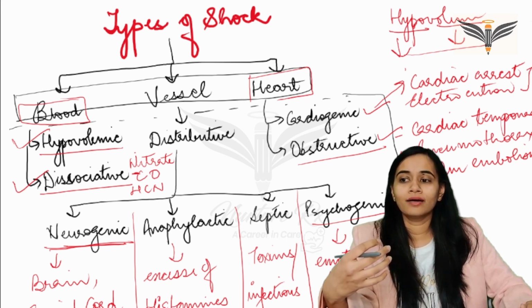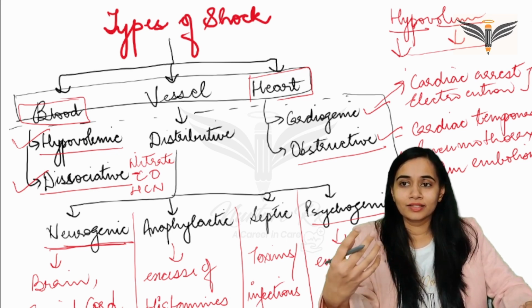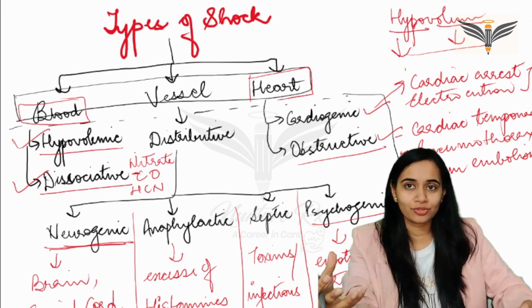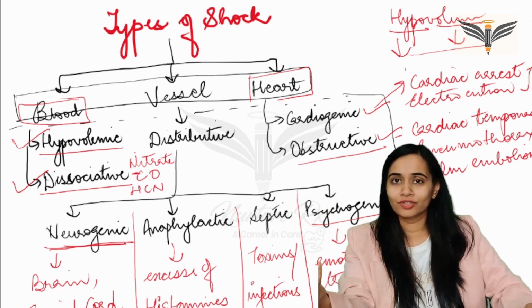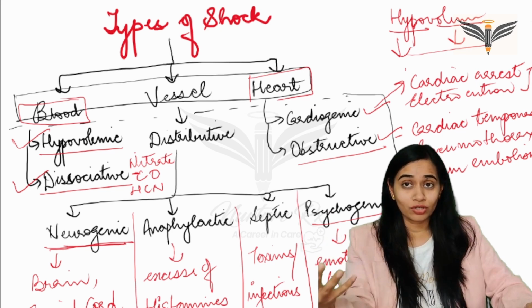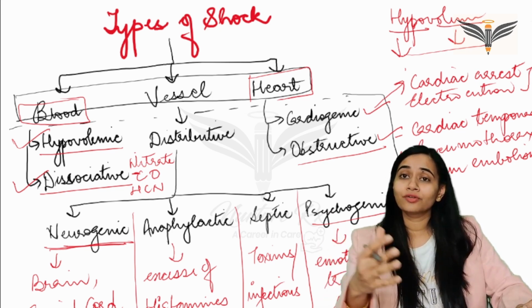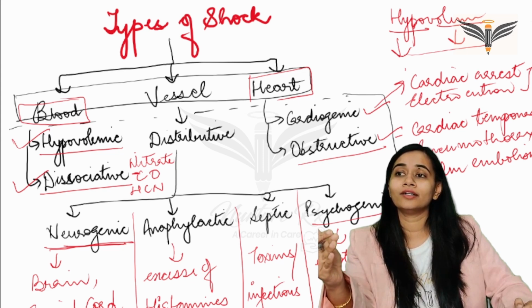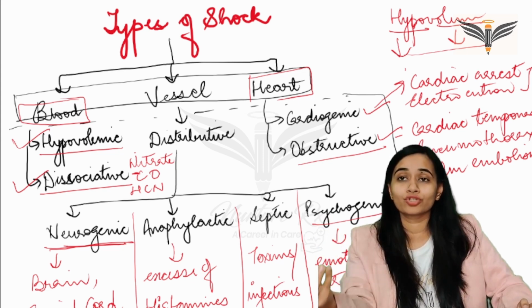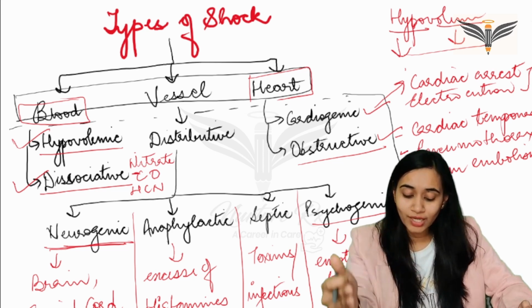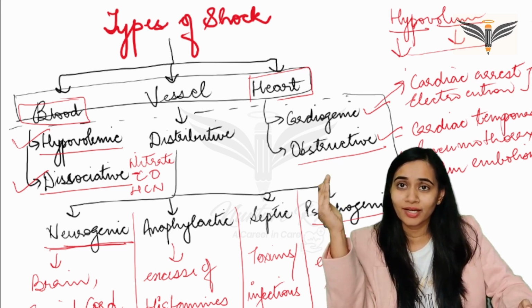Suppose there is a kid and he was initially very threatened that he has to get good marks, but when the result was announced, it was not very good, so he went into a state of shock, he fainted. So now you know that there was a temporary loss of circulation because of emotional trauma, because of fear, because of anxiety. So now you know that it is psychogenic type of shock, right?